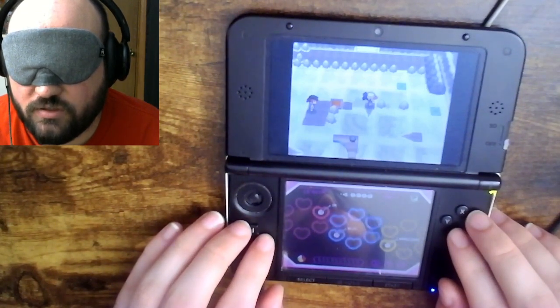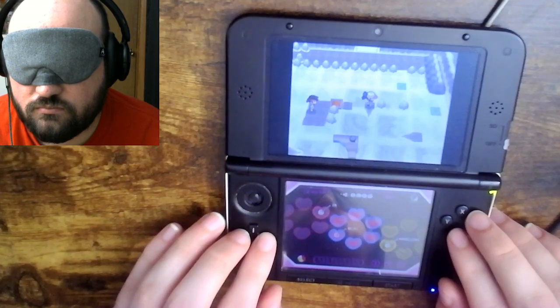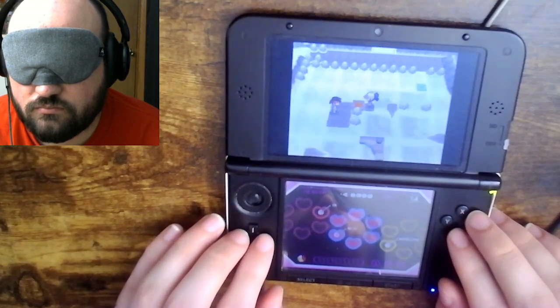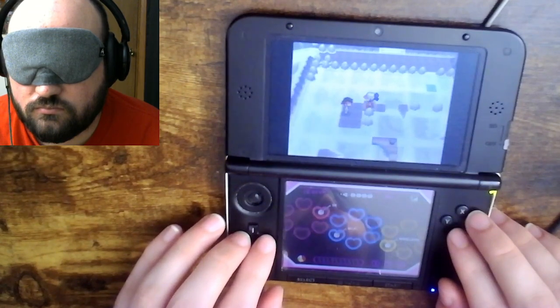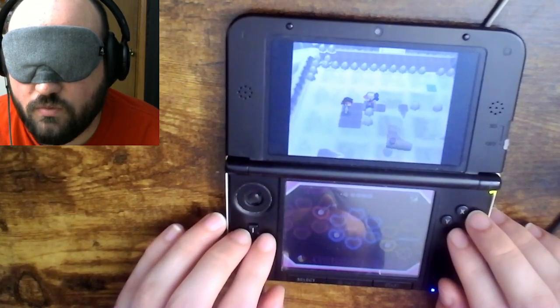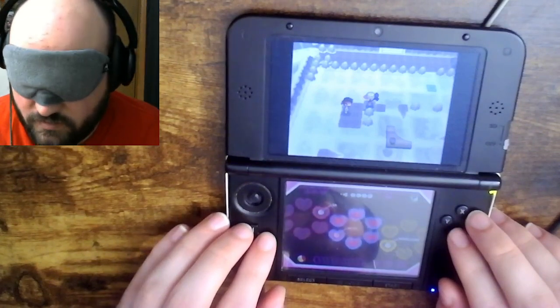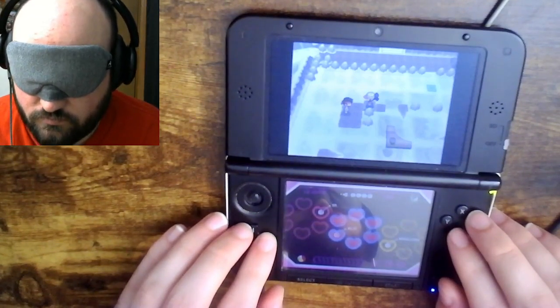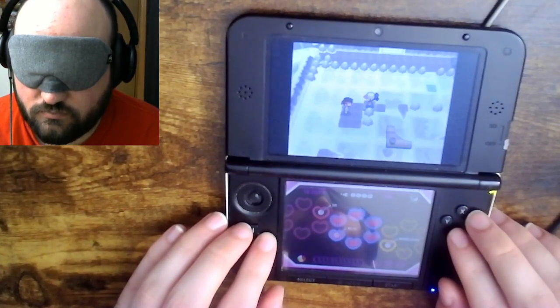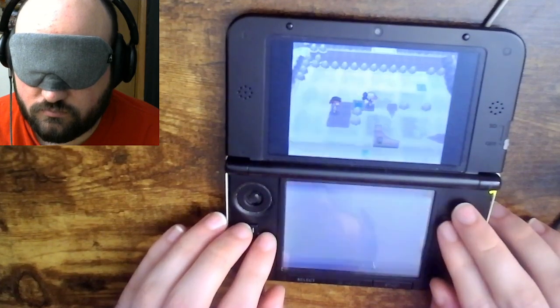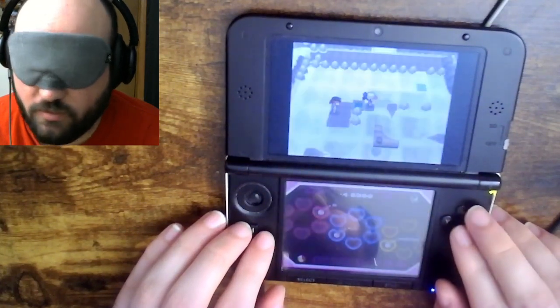Okay, so maybe just 1. Okay, so 1 in between the wall and the switch. And they're probably all right next to each other.